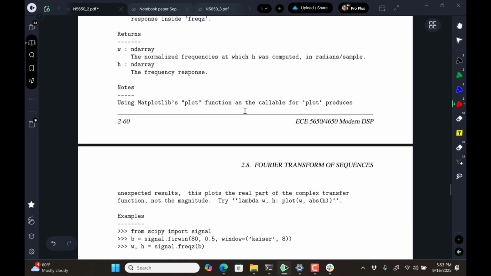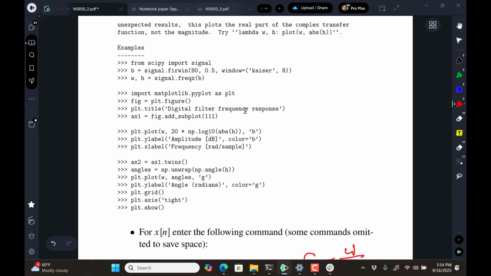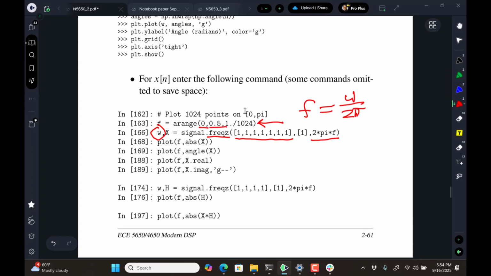You have to be careful, though, to make the resolution, or the points in the frequency axis, small enough. So here I chose 1 over 1024. Maybe that has to be 1 over 2048 or 4096 or something like that, just to get enough resolution.